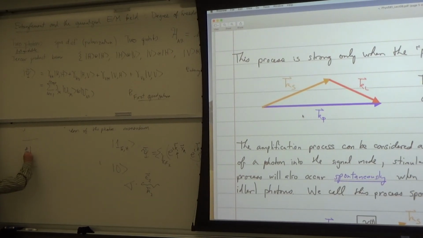So I'm putting in the signal, and I'm getting some extra signal out. And in the process, I also get idler. So I'm off resonance. It's a two-photon process.